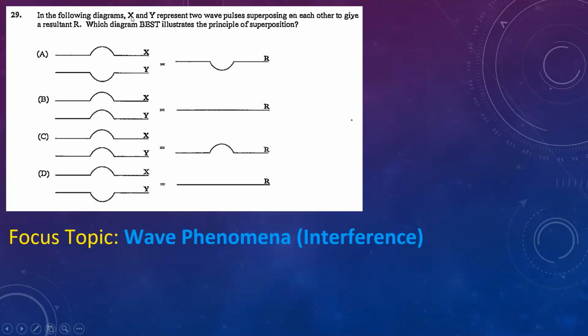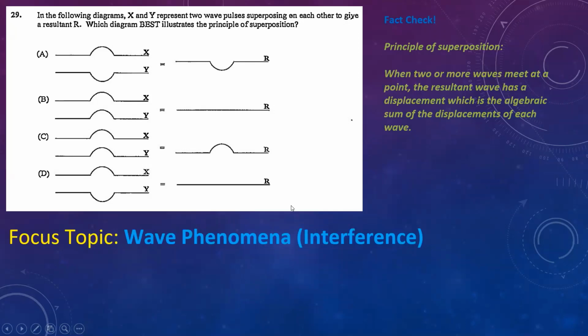29. In the following diagrams, X and Y represent two wave pulses superposing on each other to give a resultant R. Which diagram best illustrates the principle of superposition? The principle of superposition states that when two or more waves meet at a point, the resultant wave has a displacement which is the algebraic sum of the displacement of each wave. So which of these shows that R is the algebraic sum of X and Y?